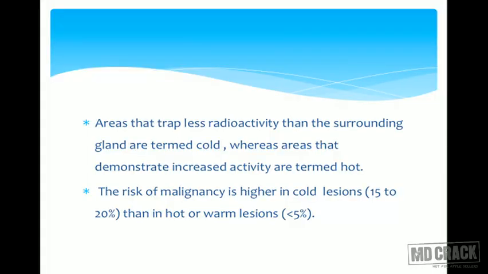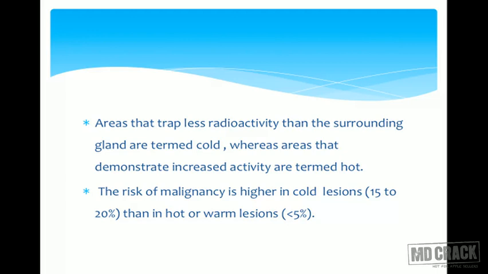Areas that trap less radioactivity than the surrounding gland are termed cold. Whenever you do a thyroid scan for hyperthyroidism, that is, when you have raised T3, T4, you may do a thyroid scan. It will have areas which are termed cold, whereas areas which demonstrate increased activity are termed hot. The euthyroid state, or normal uptake of the gland, is named warm.